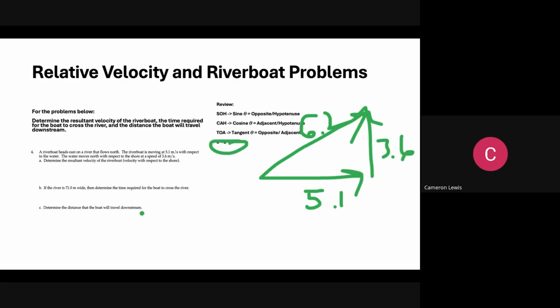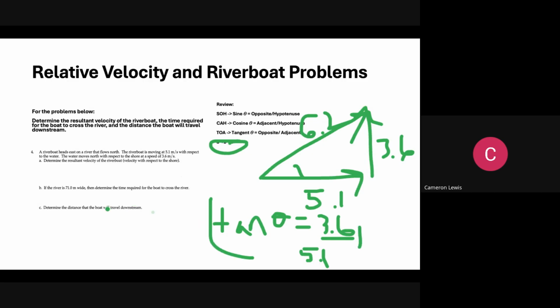I use this. Now, to find out the angle, I'm going to take the tangent inverse of the opposite over the adjacent. 3.6 over 5.1. So then take the tan inverse of 3.6 over 5.1.